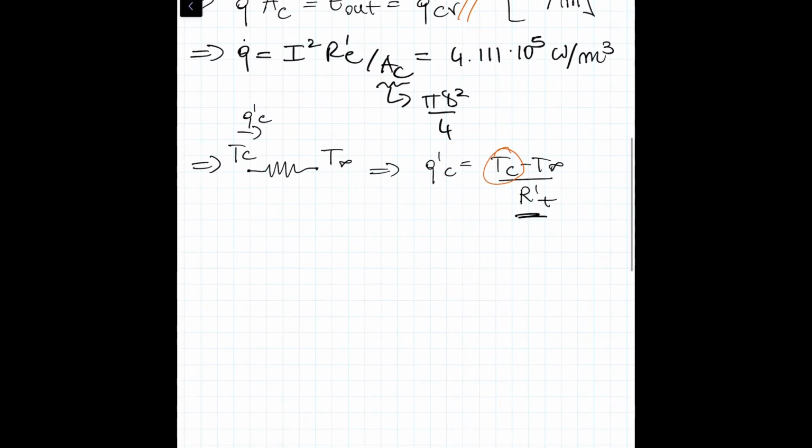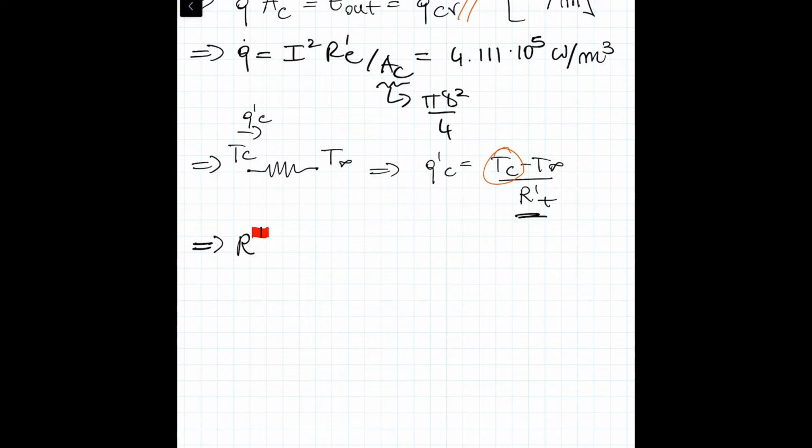Well, first of all, we need to remember what the definition of a resistance in a convection scenario is. In this case, you should pay attention to this. I'm just putting 1/y because we're looking at a resistance per unit length, not per unit area. So that's why there's no double dash.